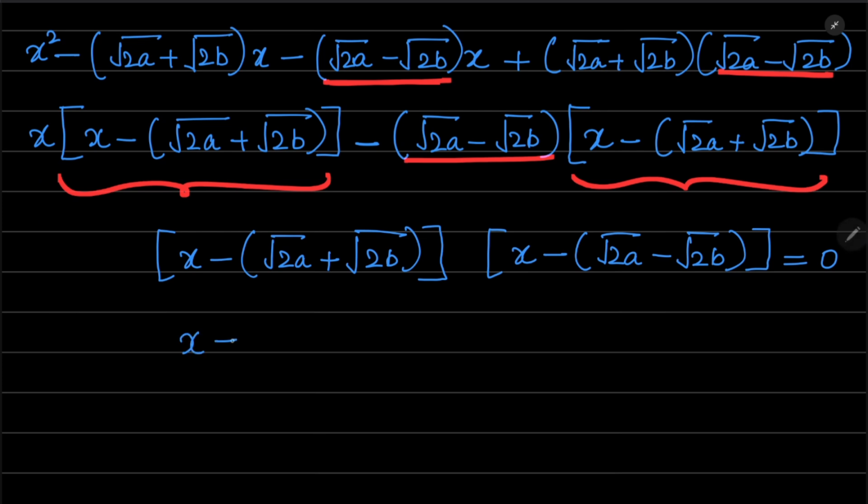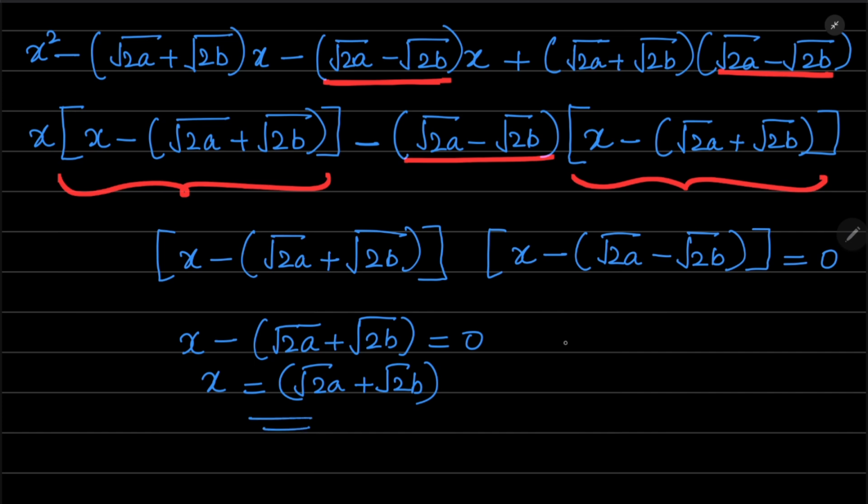One of the values is x minus of this root of 2a plus root of 2b equal to 0. So what will you have your x as? Root 2a plus root 2b is one of the zeros. The other zero will be x minus of root 2a minus root 2b equal to 0. So x is equal to root 2a minus root 2b.